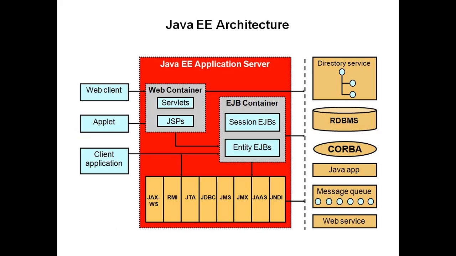A web client is something like a browser. An applet is a piece of code that runs on the browser, where a pop-up comes in and you can punch in your credentials or information. And you do have a client application. Let's take an example on your machine: if you install Java, Microsoft software, or an antivirus.